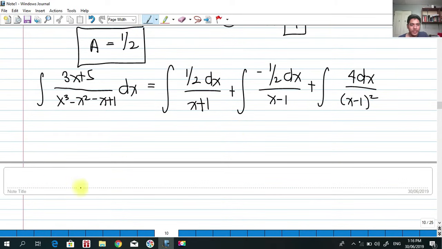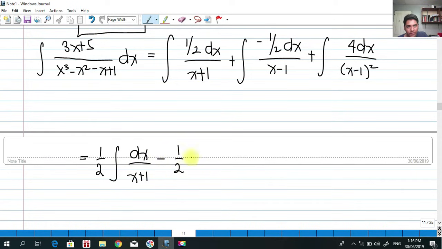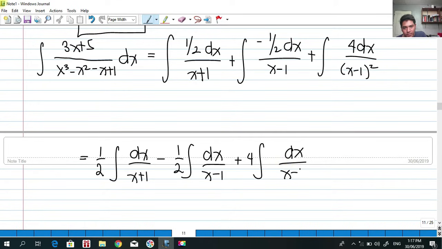So again, by principle, we can factor the constants outside of the integral, so that we have 1/2 the integral of dx over x plus 1, minus 1/2 the integral of dx over x minus 1, plus 4 the integral of dx over x minus 1 squared.